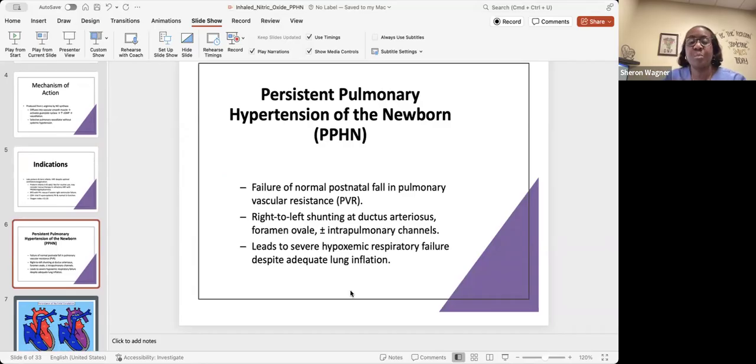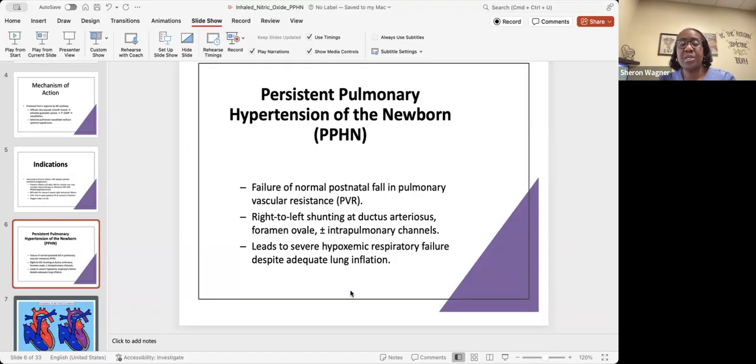So PPHN is persistent pulmonary hypertension of the newborn, and that is a failure of the normal postnatal fall in the pulmonary vascular resistance, the PVR. So the baby is having fetal circulation, and once the baby is born, they should transition into getting rid of this high pulmonary vascular resistance and be able to come out of fetal circulation.